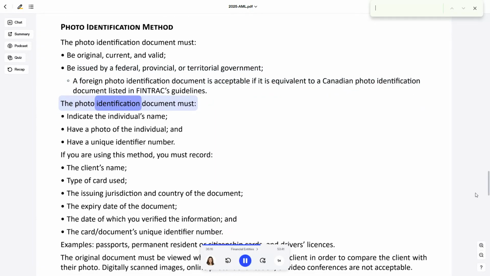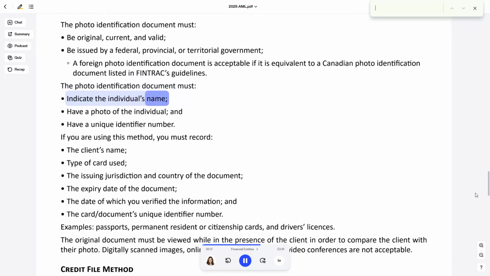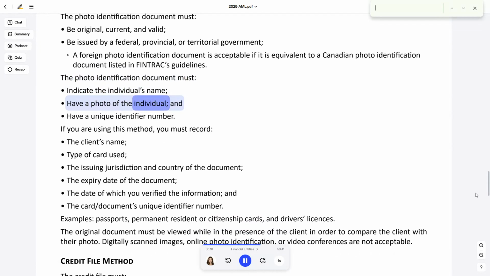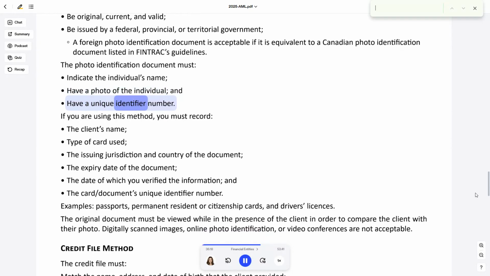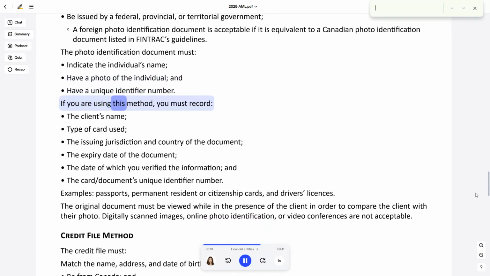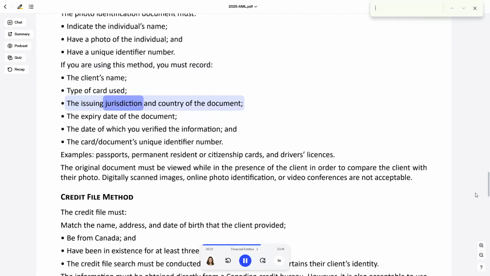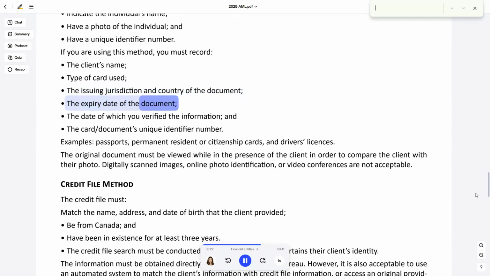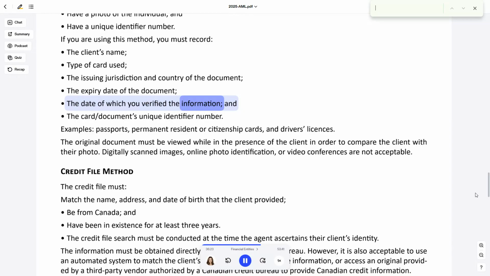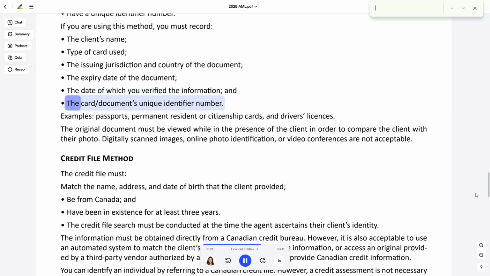The photo identification document must indicate the individual's name, have a photo of the individual, and have a unique identifier number. If you are using this method, you must record the client's name, type of card used, the issuing jurisdiction and country of the document, the expiry date of the document, the date on which you verified the information, and the card document's unique identifier number.